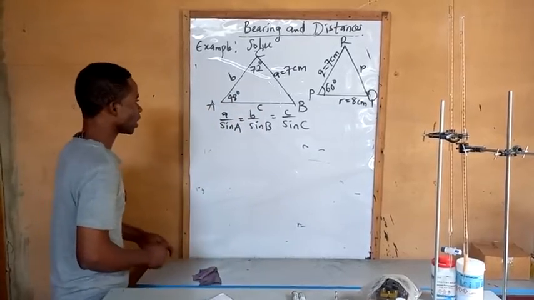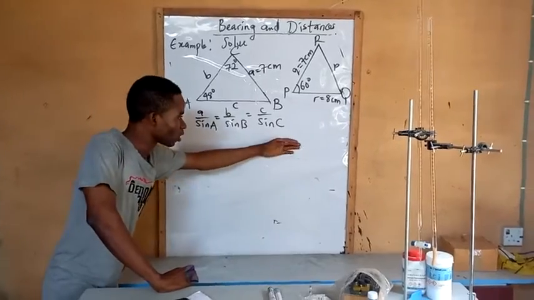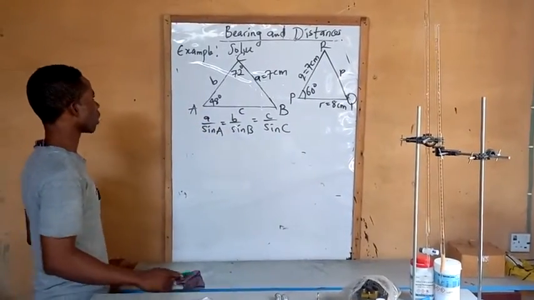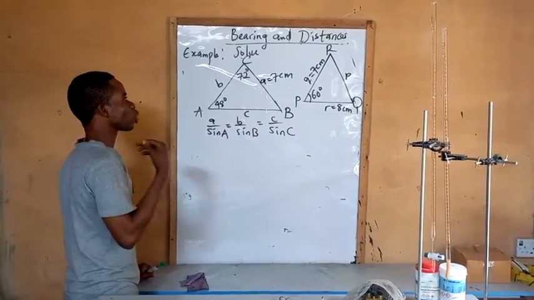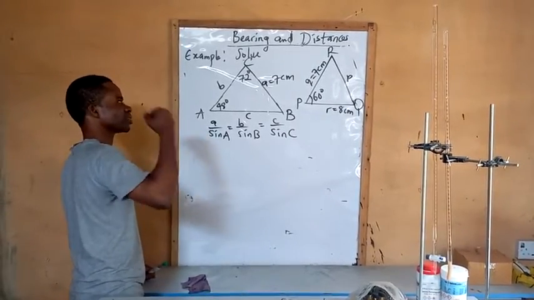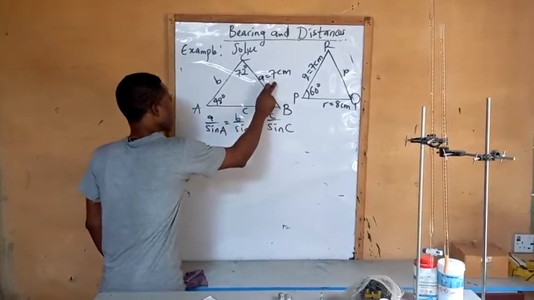Now, like I've said earlier, all these small letters are for sides, and all these capital letters are for angles. Now, go to the one given completely. What do I mean by given completely? The one that is a side facing an angle. Those ones are complete. That means this is a side, this is an angle.